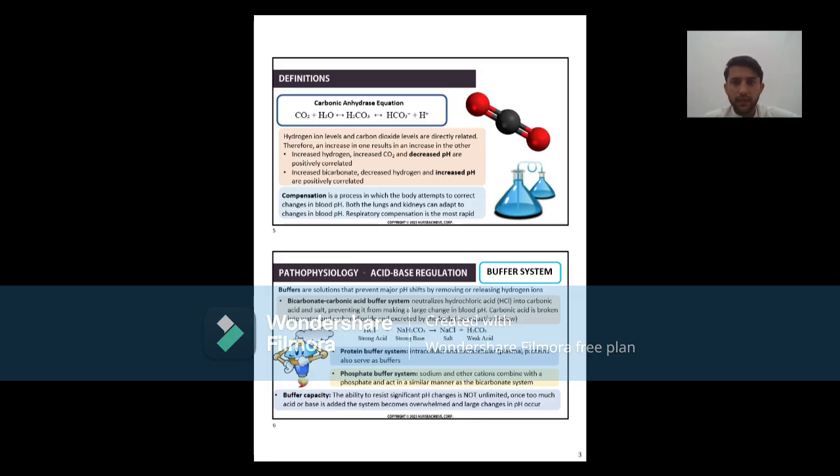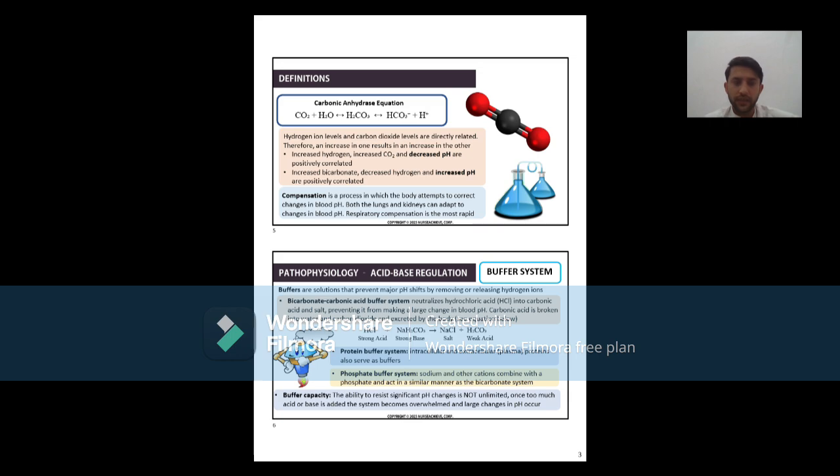It is a cellular protein containing amino acid residues, especially histidine. The function of intracellular hemoglobin is that it binds excess hydrogen ion when the pH decreases. It also releases hydrogen ion when the pH increases. It also helps to maintain the intracellular pH stability.